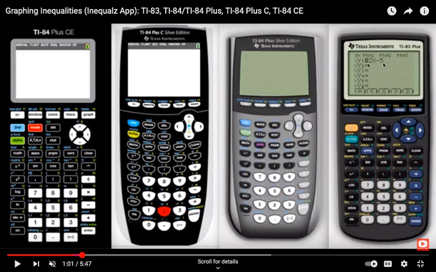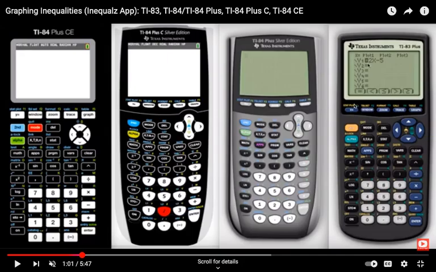And then to get the inequality symbol to show up, because we actually want y is greater than 2x minus 5, you're going to click your cursor to the side to highlight the equal sign. When your equal sign is highlighted, you're going to press alpha, and then you're going to see all the symbols at the bottom of your screen, and these correspond with these buttons here.